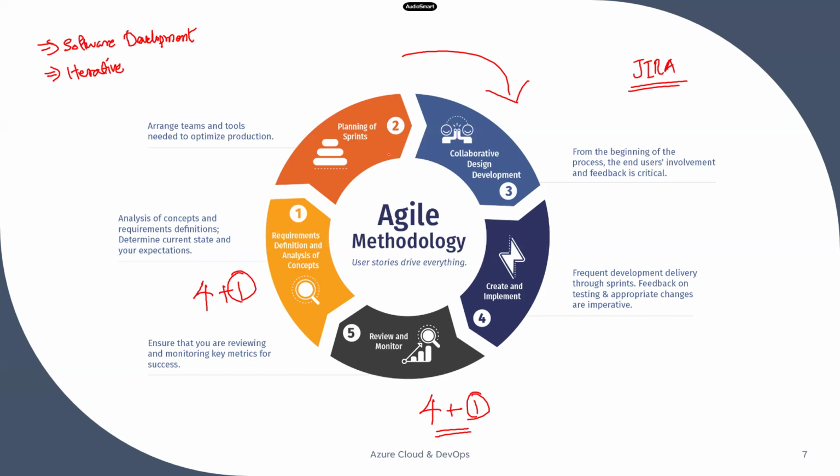So while we are using these kind of methodologies, we'll be using some softwares. Jira is one of the popular tools that we use in agile methodology. Jira is for tracking the project. For example, if I have a task to create a page, page one, which is a home page, then in Jira there will be an entry for this page one, and it will track when we started.